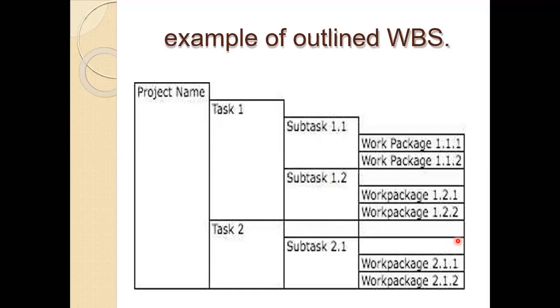Okay, subtask. So if we take the example of house construction, the project name is house construction, task 1 is foundation work. Then subtask 1, select the proper foundation type. It may be pillar or it may be pile, etc. Or which type of foundation you can use. In the work breakdown structure, what is the first task for foundation work?